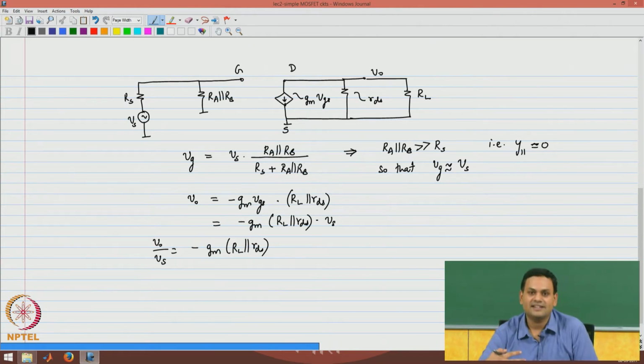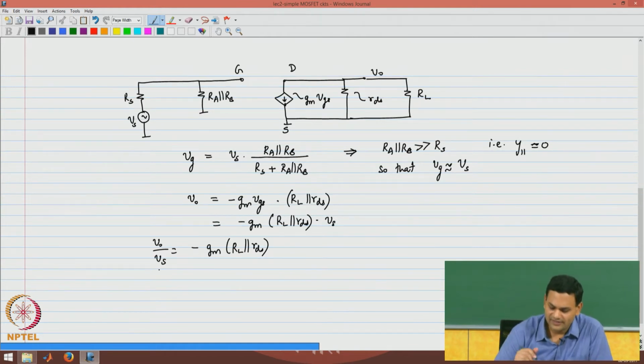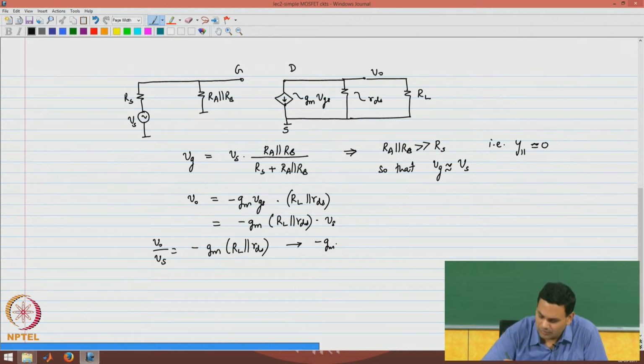If the circuit is designed such that RDS is very large, then the gain would tend towards minus gm RL.